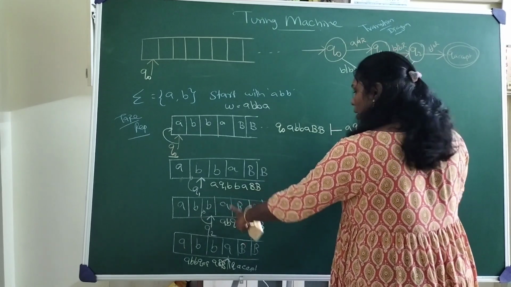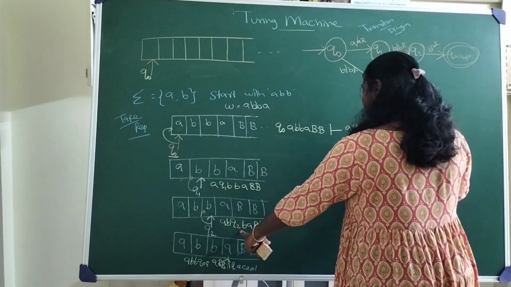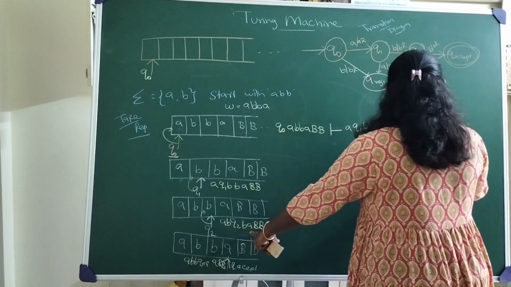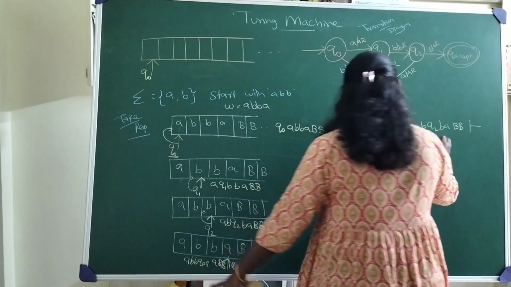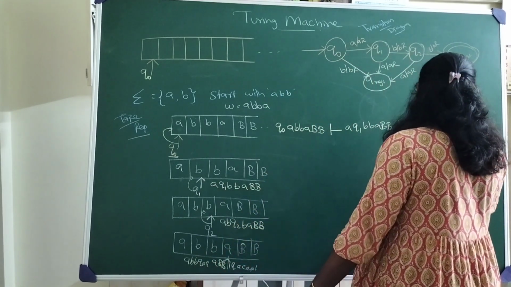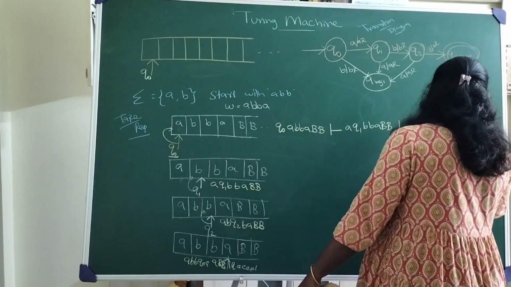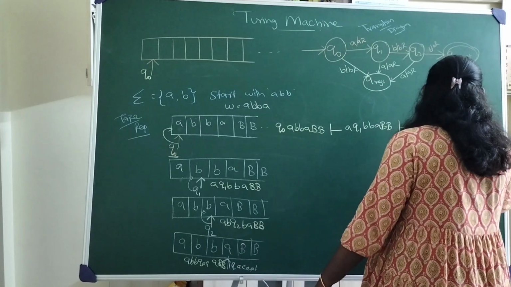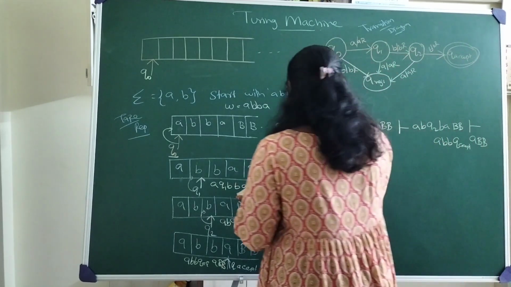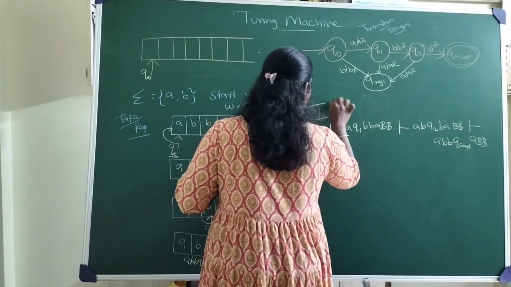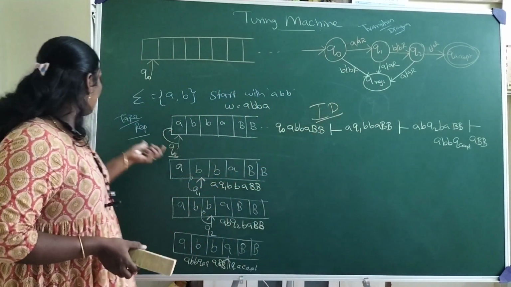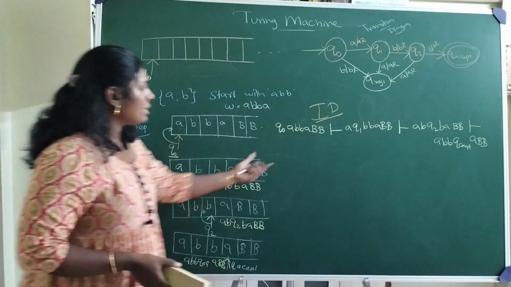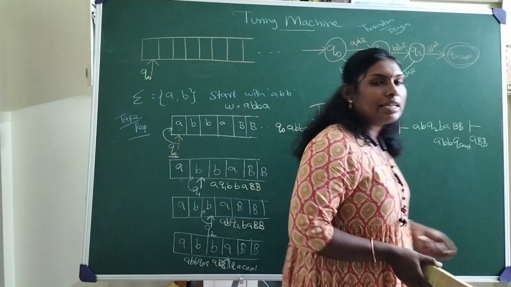From this step I got A B Q2 B A blank blank, and from this step the last step, A B B Q accept A blank blank. This is called the ID, instantaneous description. So we saw what a tape representation is, what an instantaneous description is, and what a transition diagram is.